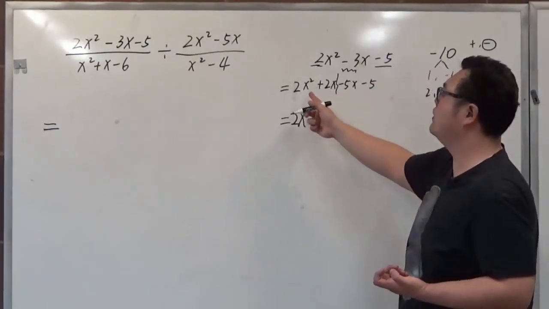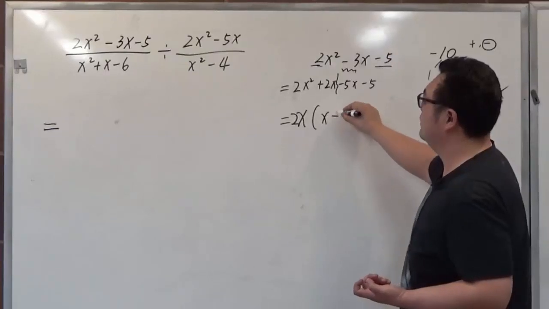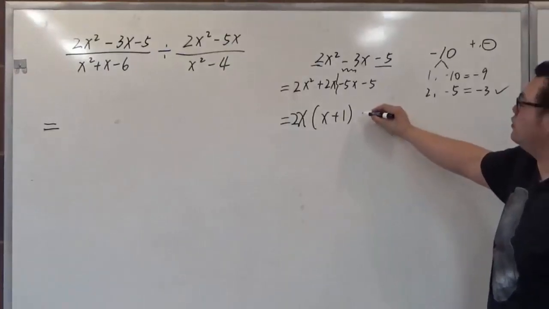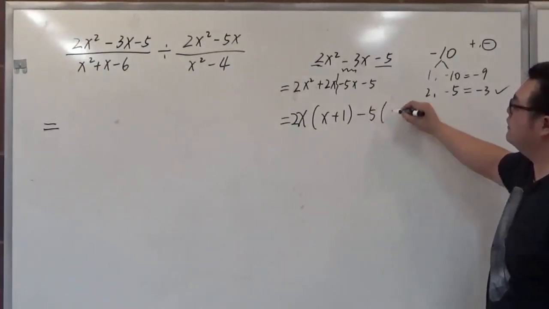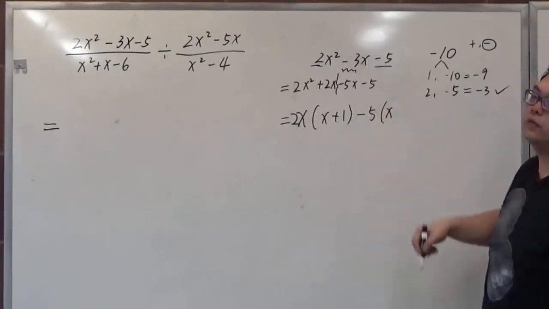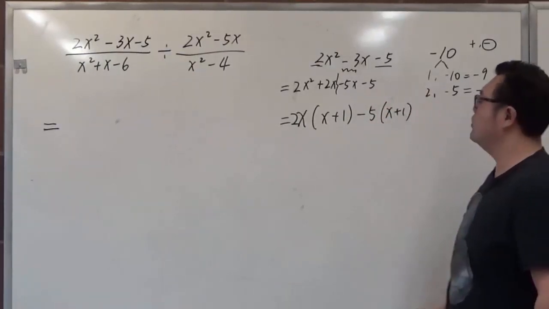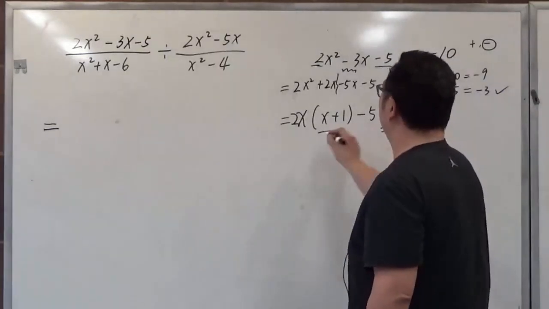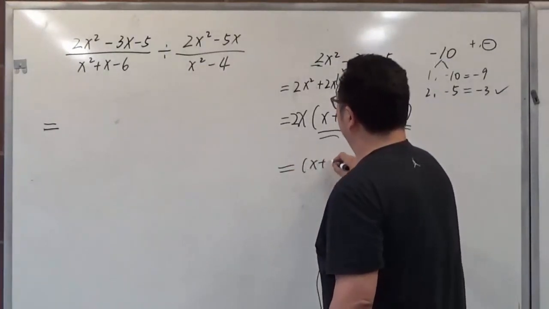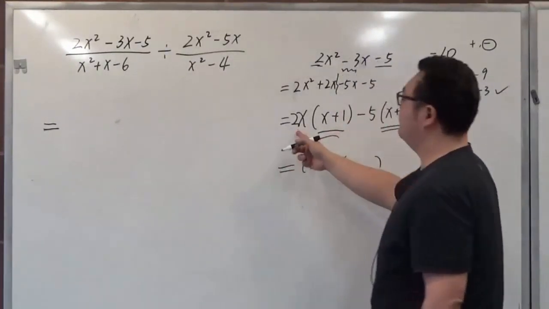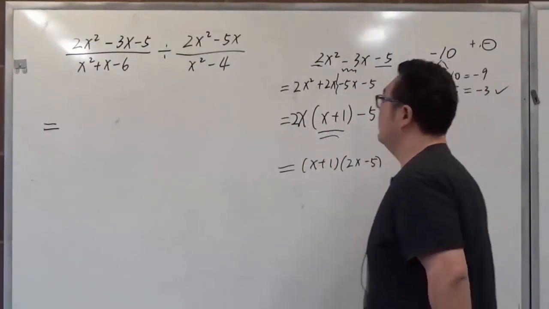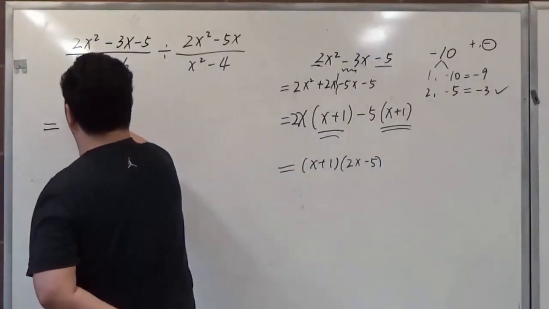When we factor the 2x out, that leaves x plus 1. For the second, negative 5x minus 5, we factor out the negative 5. Dividing gives us x, and the second term gives us a positive 1. So our common factor again is x plus 1. The remaining factor is 2x minus 5. So that's our first expression.